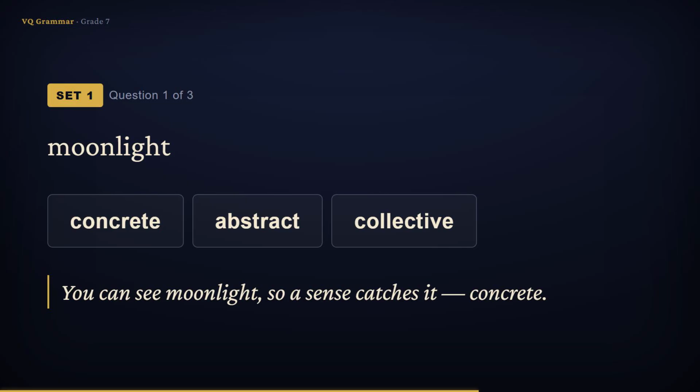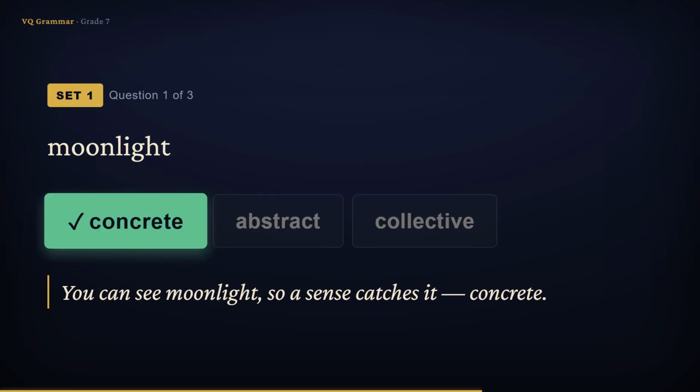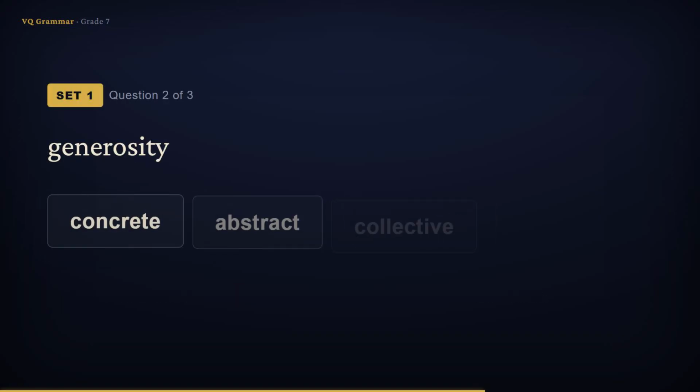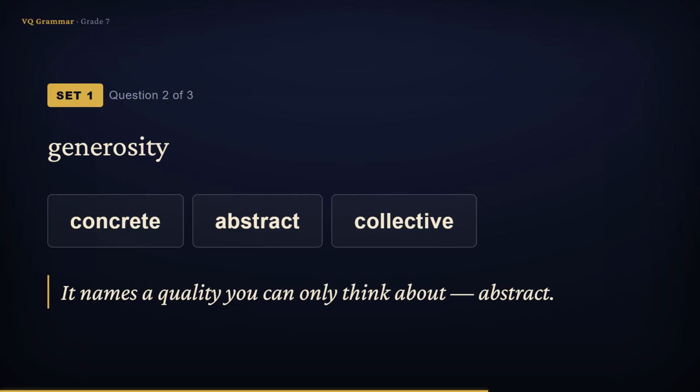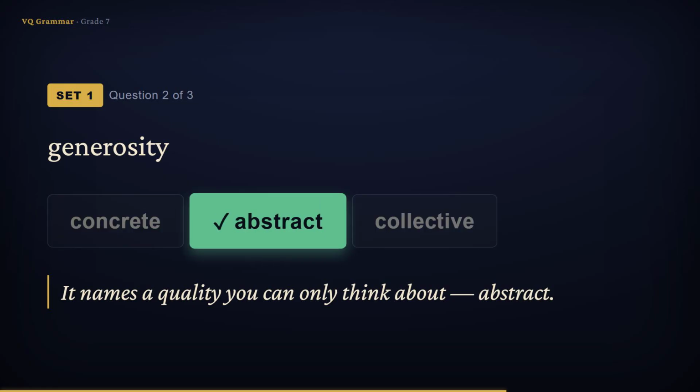That makes it concrete. So the answer is concrete. Generosity. Can you touch generosity or hear it? No. It's a quality you can only think about, a way of being kind. That makes it abstract. So the answer is abstract.